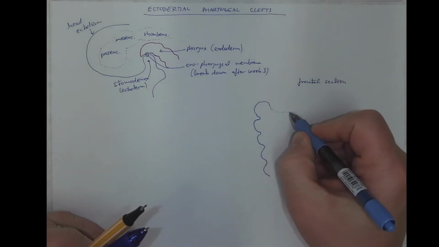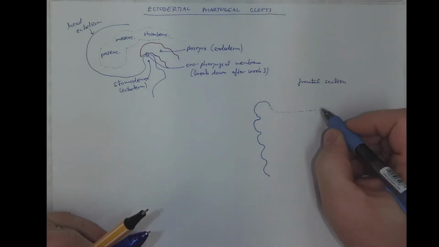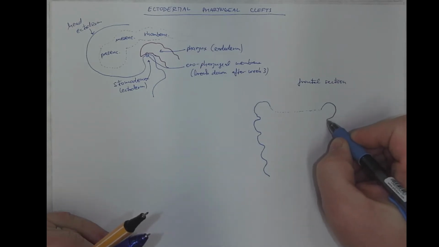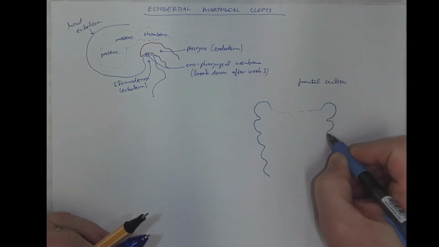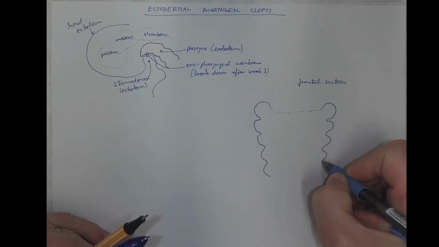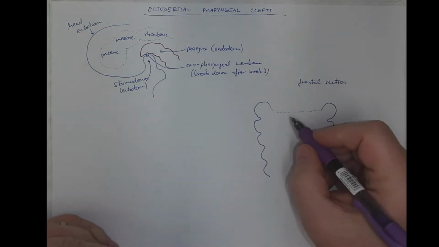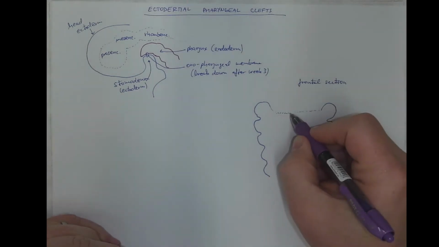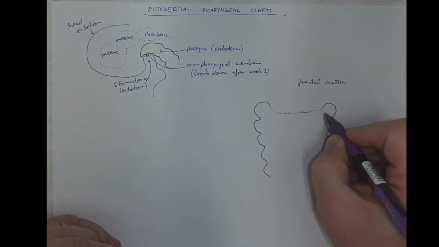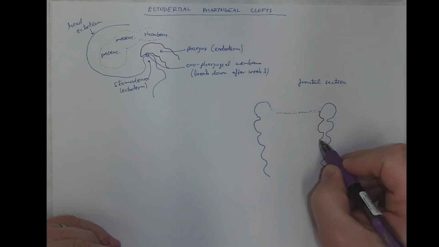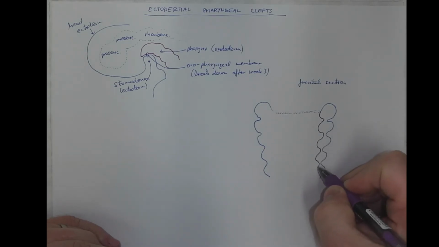Here will be the oropharyngeal membrane, meaning the border between the ectoderm and the endoderm, and on the other side the situation will be symmetrical. First, second, third, fourth, sixth arch. Now I will also add the endoderm, and the endoderm also forms these structures called endodermal pouches from the inner side of the pharynx.